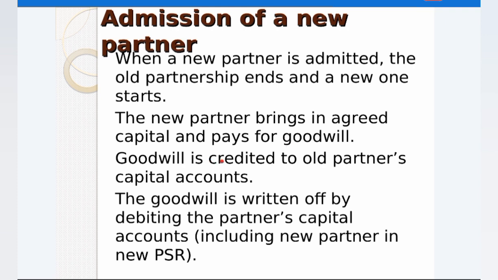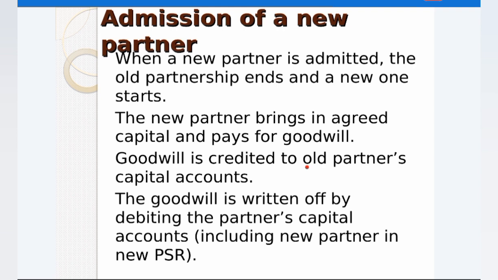The goodwill that the new partner brings will be credited to the old partners in their old profit sharing ratio. So the old partners will get a share of the goodwill paid by the new partner in their old profit sharing ratio.